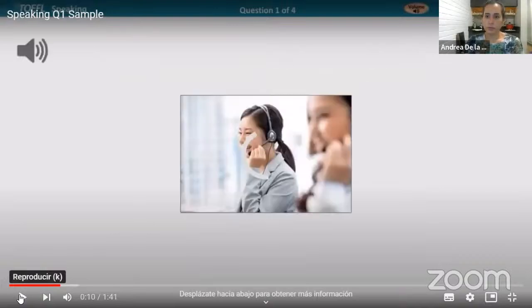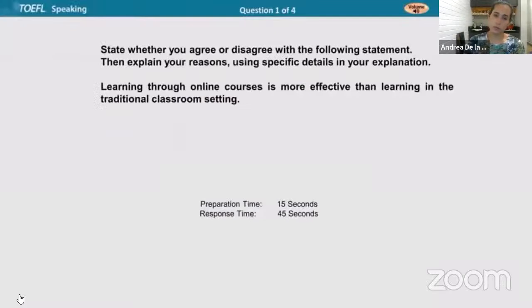To prepare your response and 45 seconds to speak. State whether you agree or disagree with the following statement. Then explain your reasons, using specific details in your explanation. Learning through online courses is more effective than learning in the traditional classroom setting.